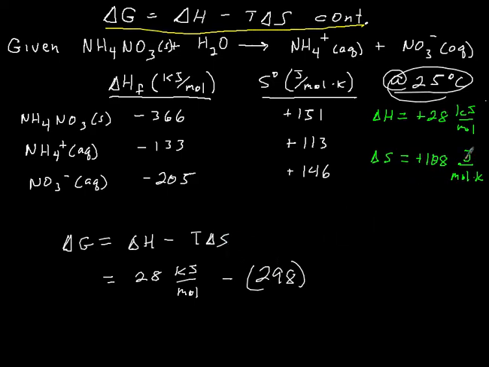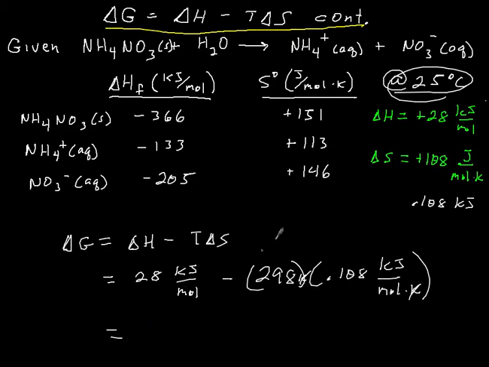We need to convert it to kilojoules, so this will be 0.108 kilojoules per mole Kelvin. The Kelvin and the temperature cancel the Kelvin, giving you kilojoules per mole, which can add to kilojoules per mole.